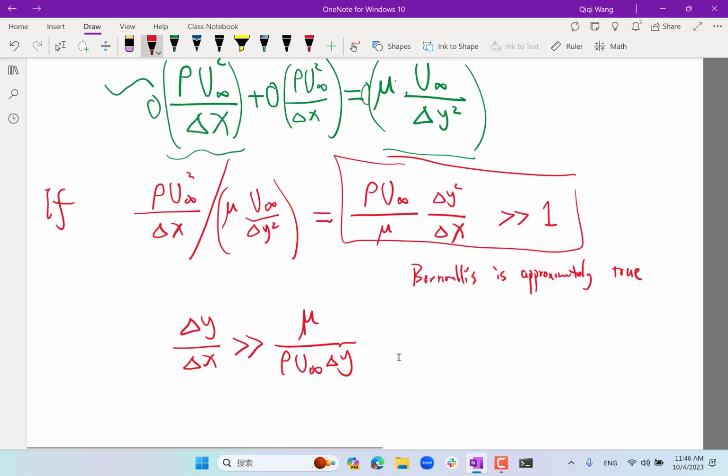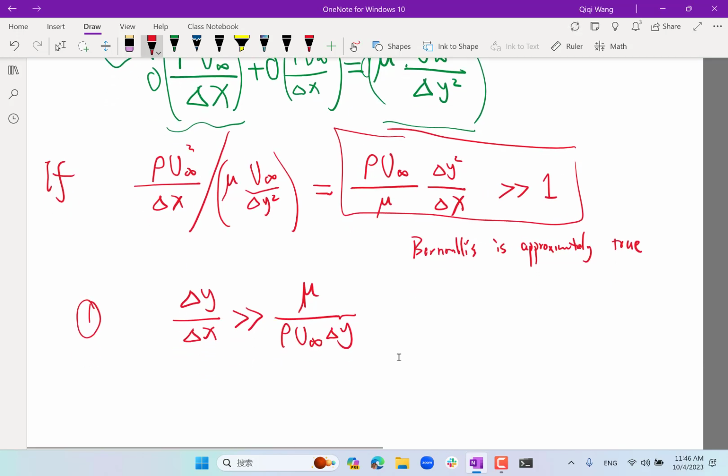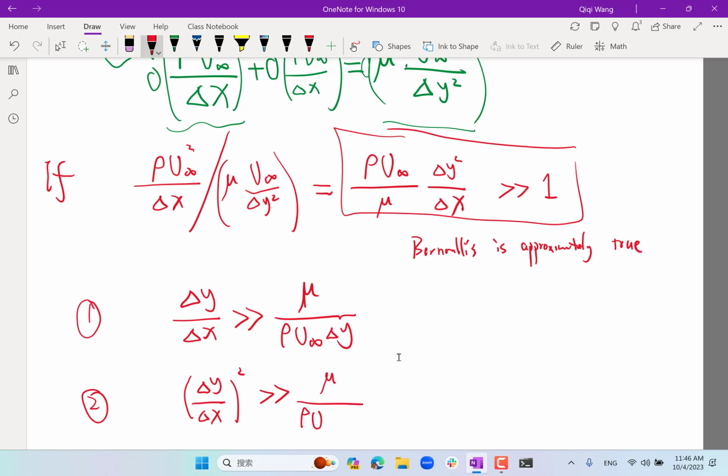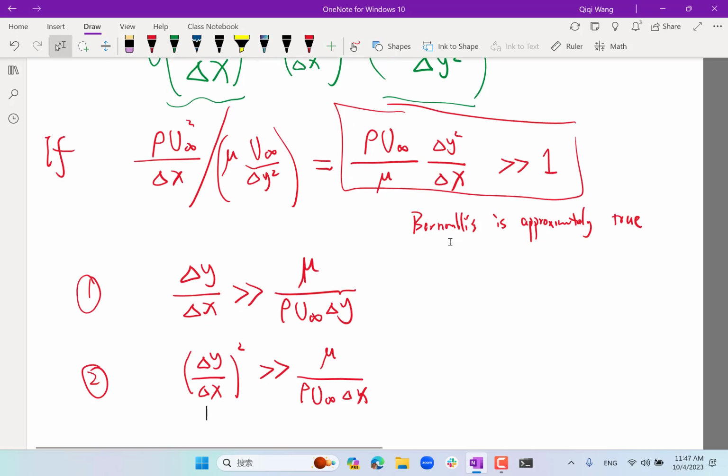So that's the first form I'm going to rewrite this. And the second form is delta y over delta x squared is much greater than mu over rho u infinity delta x. Okay, both are equivalent, right? I'm just multiplying another delta y over delta x on the left-hand side to get this.